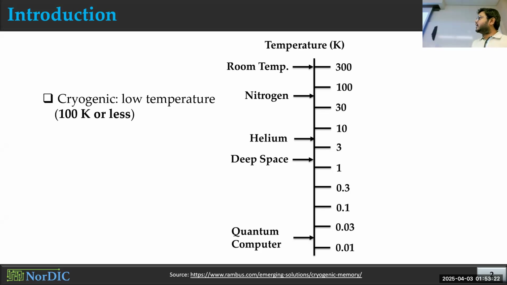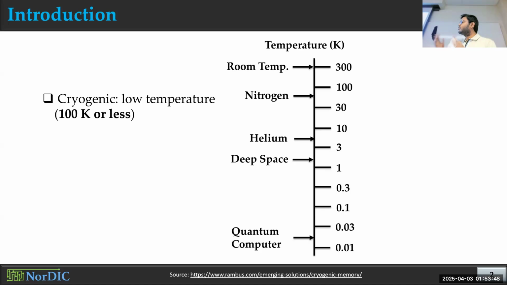One is if you go to lower temperature, that's the cryogenic environment. And there is another extreme, which is if you start increasing the temperature, there is the high temperature electronics field. But in today's class, we'll only talk about the cryogenic environment. And maybe in one of your future courses, you'll also learn the high temperature electronics field, hopefully.